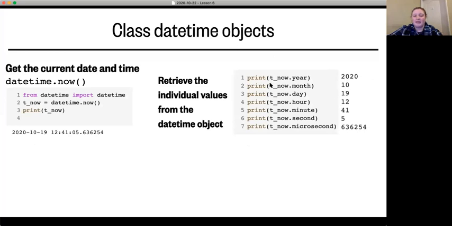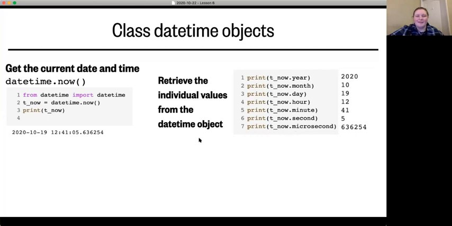So we do that by saying tnow, which remember is that datetime.now that I created. And I say tnow.year, and that's 2020. tnow.month is 10. tnow.day is 19, and so on and so forth for hours, minutes, seconds, and microseconds. So great, we can get the time that it is now, and we can get all of those different objects.